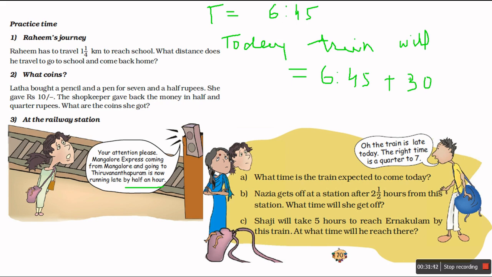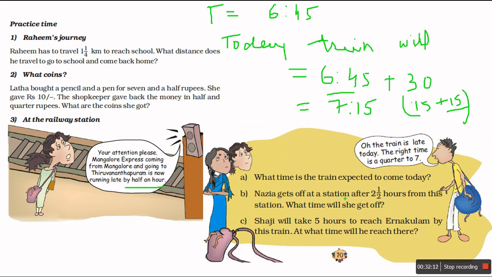Okay, take it in two parts: 15 plus 15. For understanding, I can write 30 minutes like this, 15 minutes plus 15 minutes. So after 6:45, 15 minutes means 7 o'clock, and again 15 is there. So 7:15. So today the train will come at 7:15.